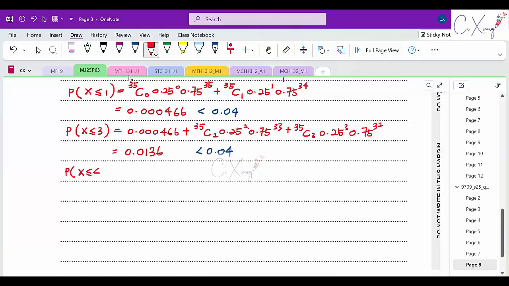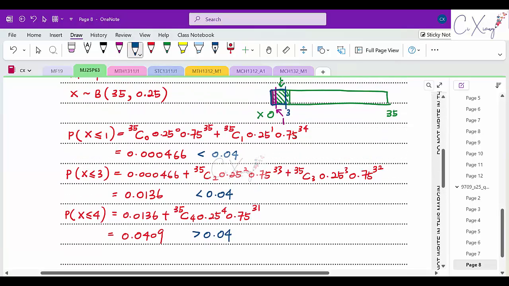Now I want to see whether the 4 is in the rejection region or in the acceptance region. So you take the previous value again, plus x equals to 4. So 35C4, 0.25 power 4, 0.75 power 31. From here, you get another value, 0.0409, which is already more than the significance level 0.04.